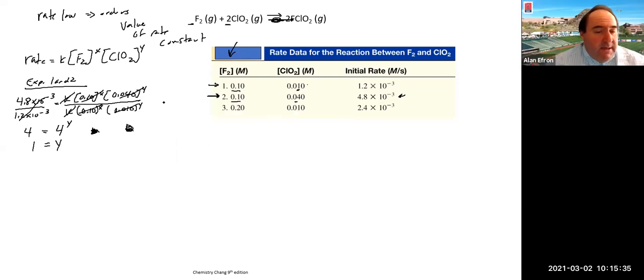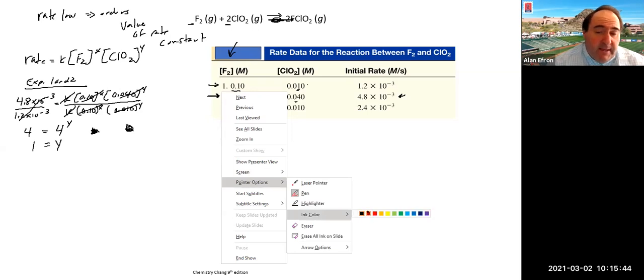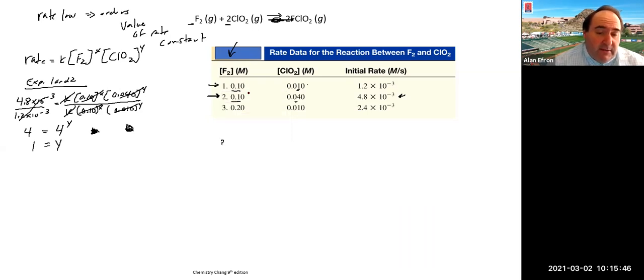Okay, so now that we have our Y, what we want to do is go back to the table, and since we kept F2 constant last time, we want to keep the ClO2 constant this time. It looks like entry number 1 will do that for us, and entry number 3 will do that for us.